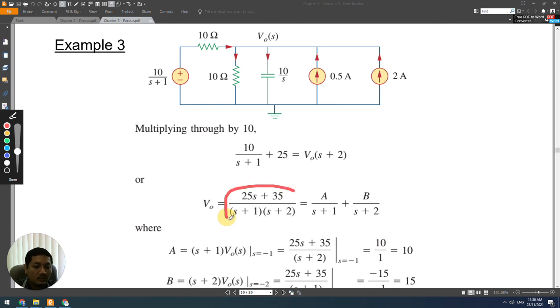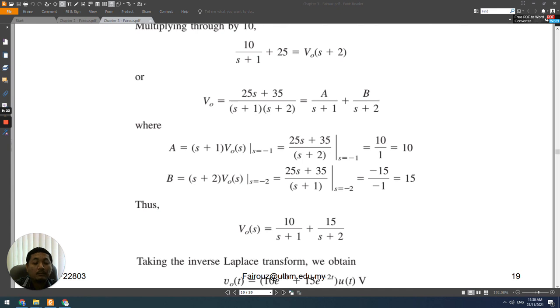So here what we can do now is use partial fraction decomposition, because we want to separate into two fractions so that we can refer to the Laplace transformation table.